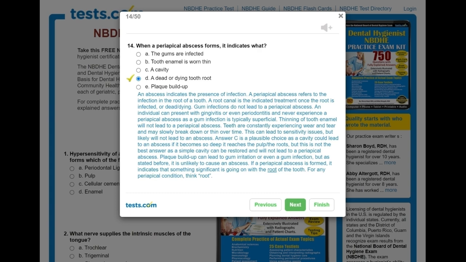But this is not the best answer, as a simple cavity can be restored and will not lead to a periapical abscess. Plaque buildup can lead to gum irritation or even a gum infection, but as stated before, it is unlikely to cause an abscess. If a periapical abscess is formed, it indicates that something significant is going on with the root of the tooth. For any periapical condition, think root.